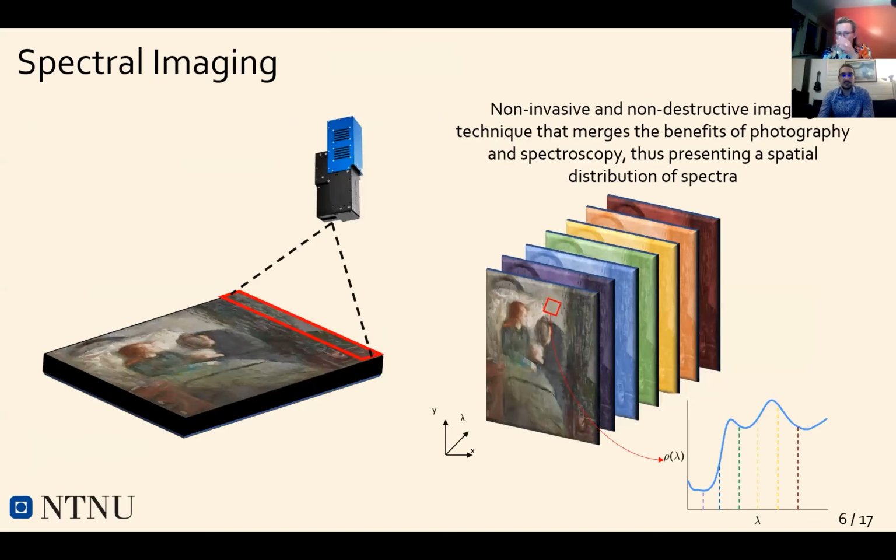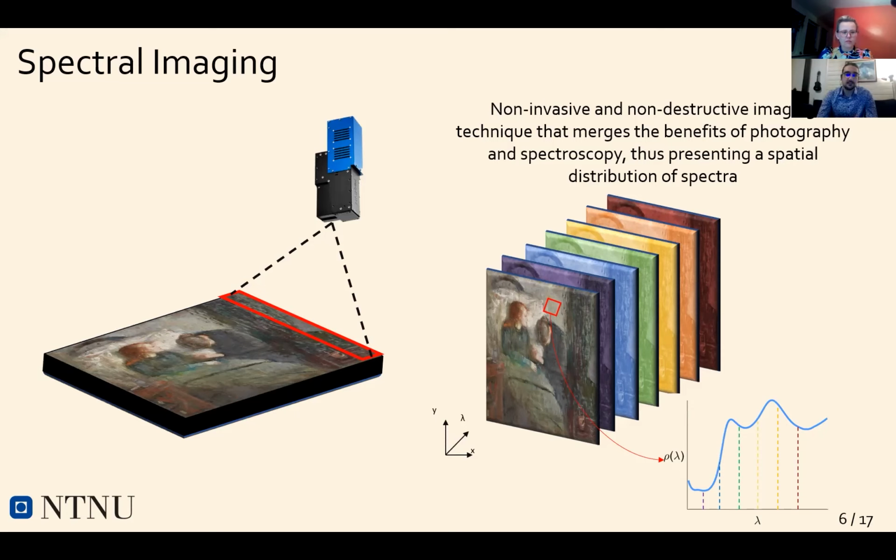But in the case of my project, the technique that we use for imaging is indeed spectral imaging, which is non-invasive because we do not touch the object, and non-destructive because it is sustainable enough to not damage the painting due to high energy radiation.